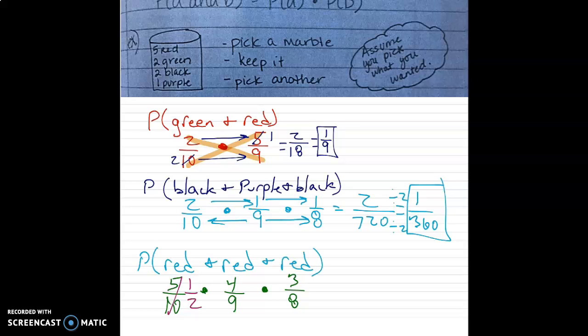Now we can look at the 4/9 and the 3/8. 4 out of 8, both divisible by 4. 3 and the 9, both divisible by 3. Oh my gosh, that's so much easier. Look, now our numerators are just 1. So 1 times 1 times 1, 2 times 3 is 6. 6 times 2 is 12.